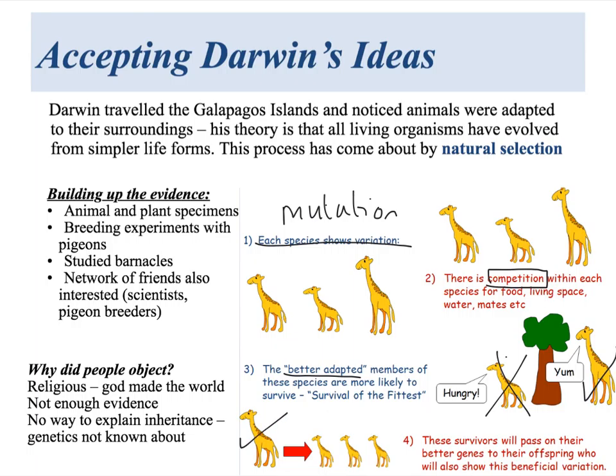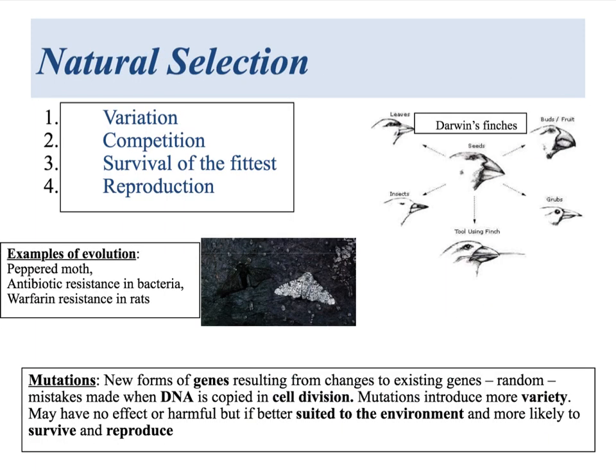So remember: variation caused by mutation, competition for resources, best adapted to survive, pass on their genes. And that's essentially what this slide says as well.